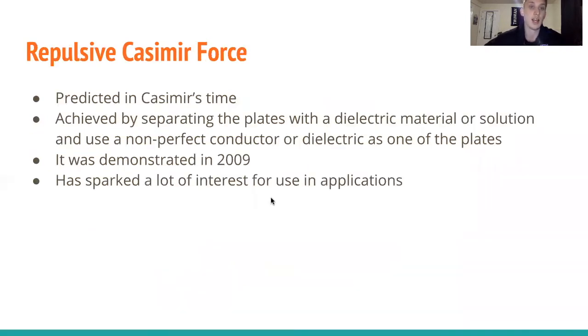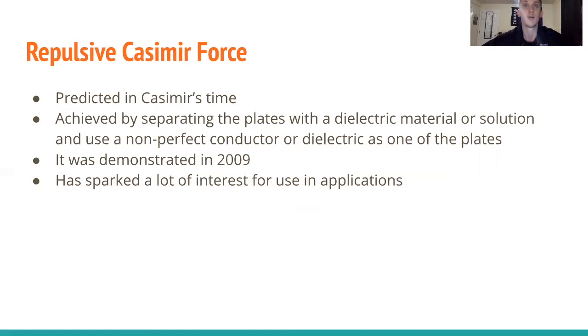In Casimir's time, there was also a prediction for a repulsive Casimir force. This was achieved by separating plates with a dielectric material or solution. Basically, you had to have three elements of different permeabilities: one perfectly conducting plate, a dielectric solution, and a non-perfect parallel conducting plate.